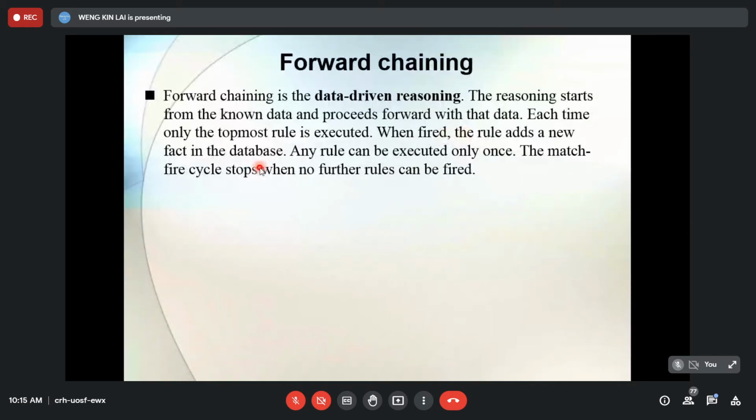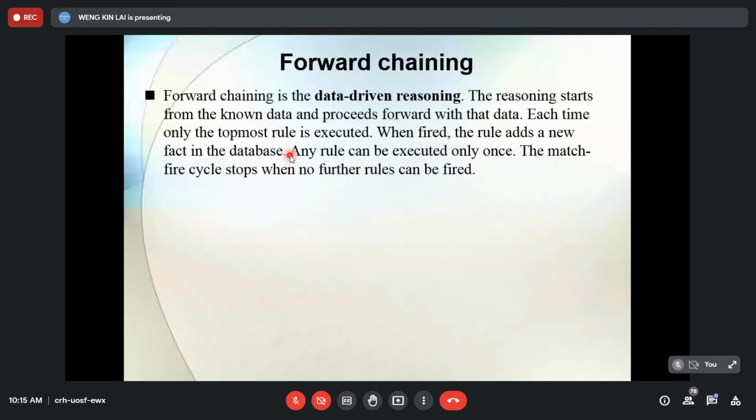That means that rule is fired, and of course you keep note of the rule which has been fired. The second thing is that you do not need to execute a rule more than once, meaning all the rules can only be executed once. You do not need to go back and reprocess it, which is similar to your search.